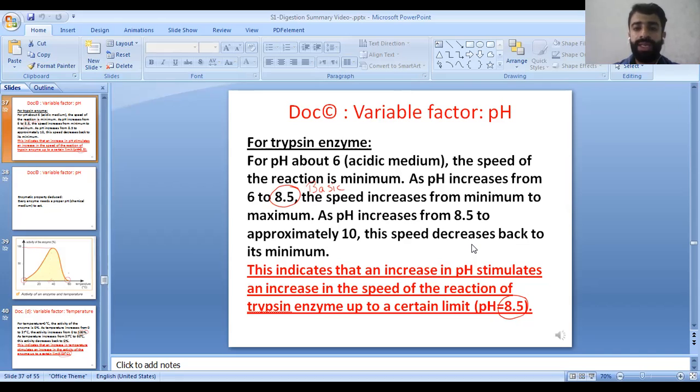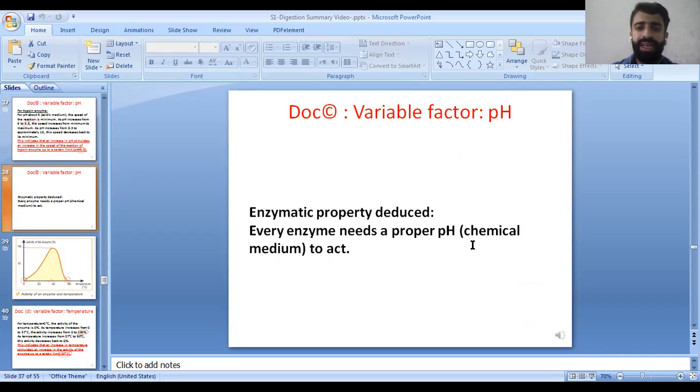So trypsin works in a basic medium. So the second enzymatic property: every enzyme needs a proper pH medium. It needs a proper chemical medium in order to act and work. Pepsin needs an acidic medium, salivary amylase needs a neutral medium, and trypsin needs a basic medium.